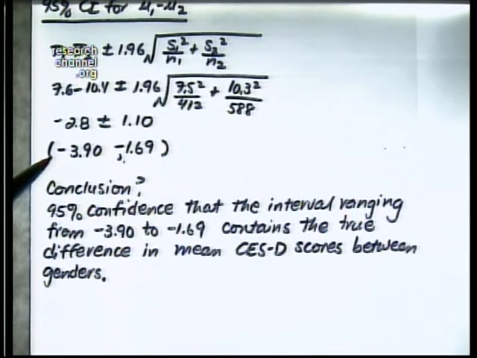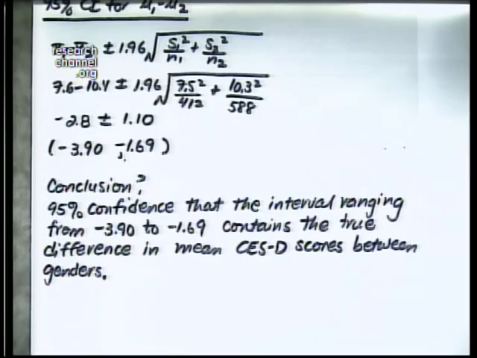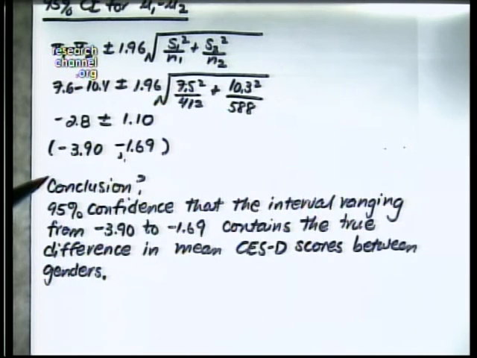Now, this confidence interval provides us with a little bit more information than we got from the hypothesis test. It tells us that the mean score may be approximately 4 points lower on average in males than females, or up to approximately 2 points lower. So this is where the judgment has to come in as to how critical is a difference of 2 to 4 points on this scale. For certain scales, this might mean, in a practical or clinical sense, quite a bit.